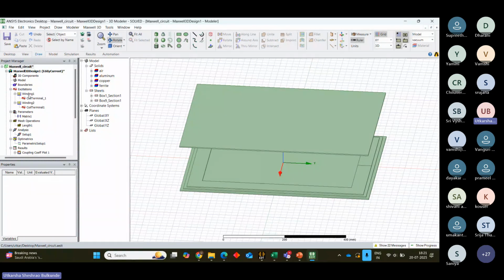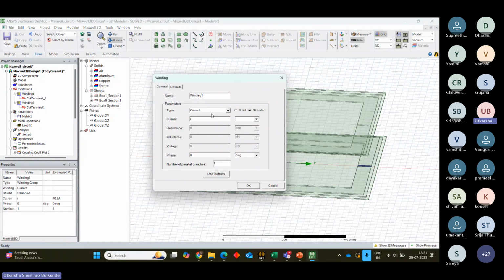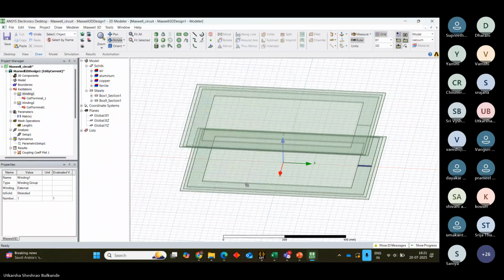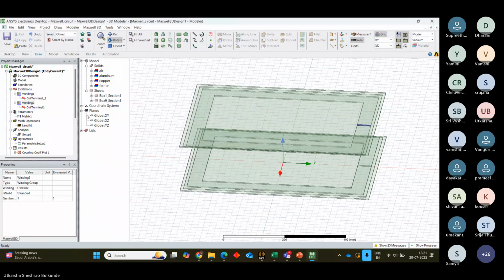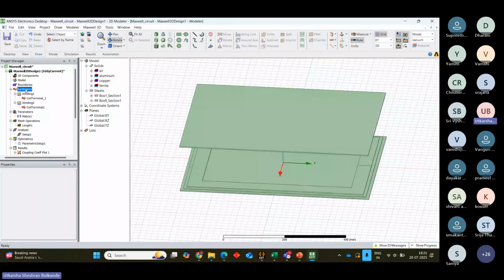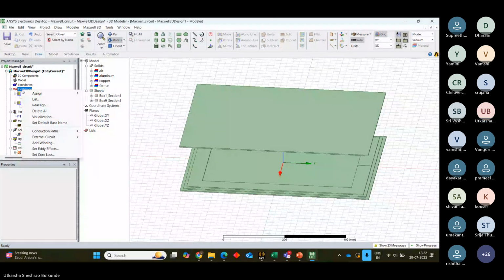The first thing to do is change your winding from current to external. Then go to excitation. Right click it. External circuit.